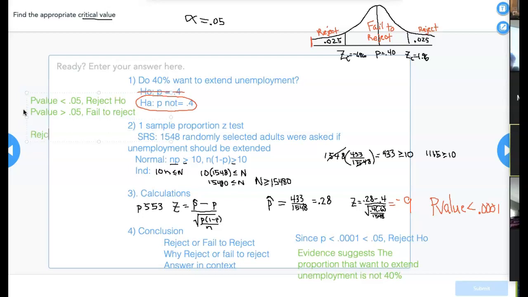And if you reject H0, we have evidence. If you fail to reject H0, there's not enough evidence.